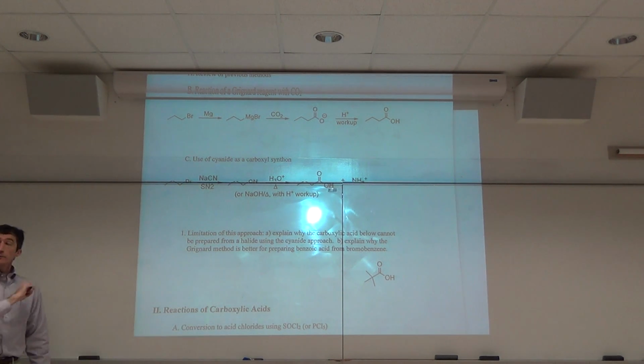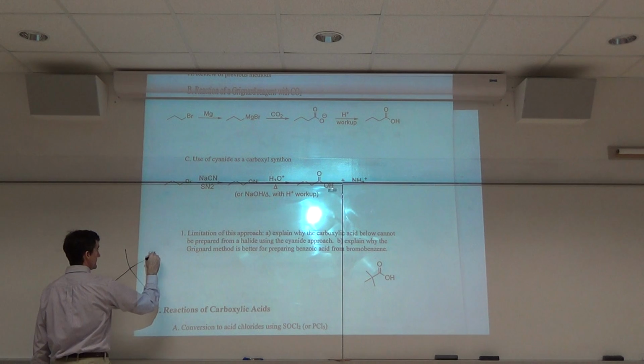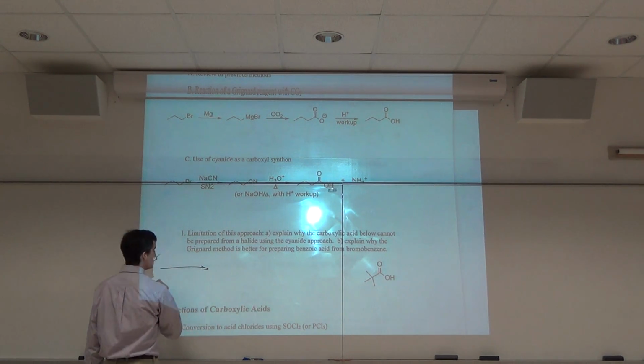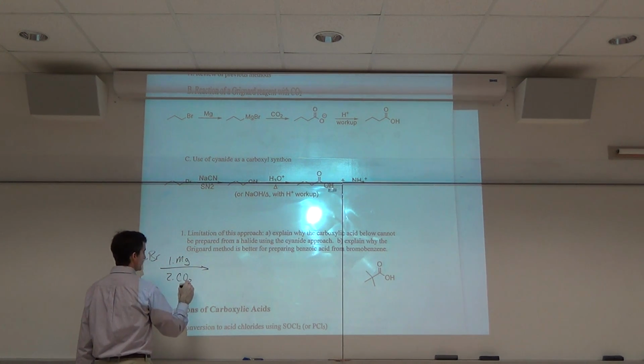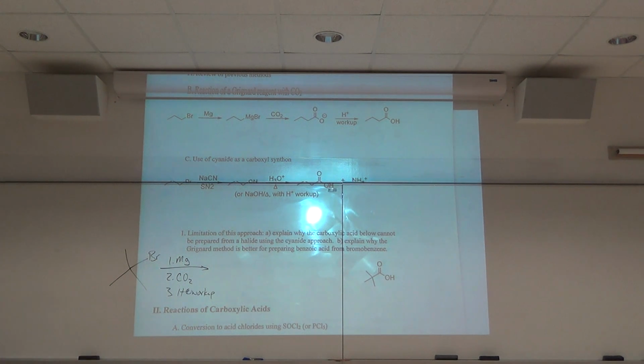Now, if you notice, both of these ways, I started with an alkyl halide, essentially. You either make a Grignard from the alkyl halide, or you do the cyanide SN2 starting with the alkyl halide. So, you would hopefully see maybe something like this. And then we could react this with magnesium, and then come in with CO2, and then H+ workup, and that should get that over there.